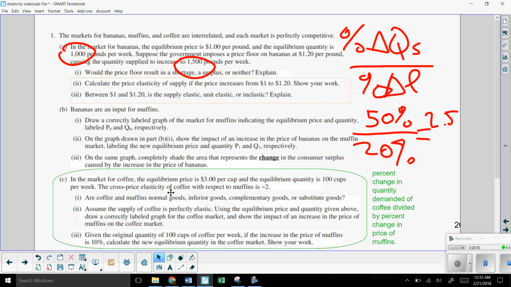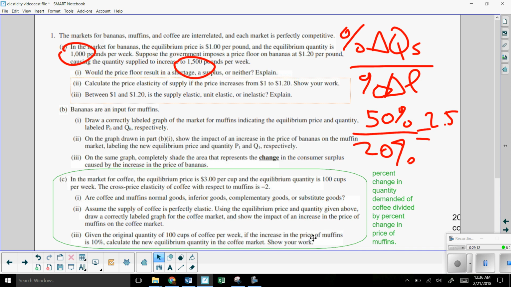Down here, they told us about a cross price elasticity of coffee with respect to muffins. And so I'm thinking that's percent change in quantity demanded of coffee divided by percent change in the price of muffins. And what does that tell me when I work down here a little bit?